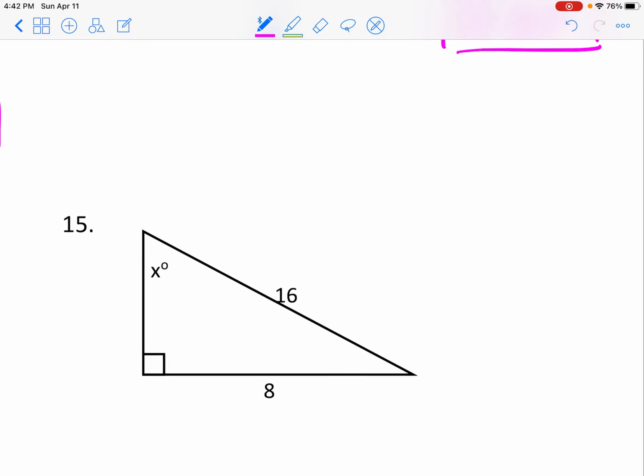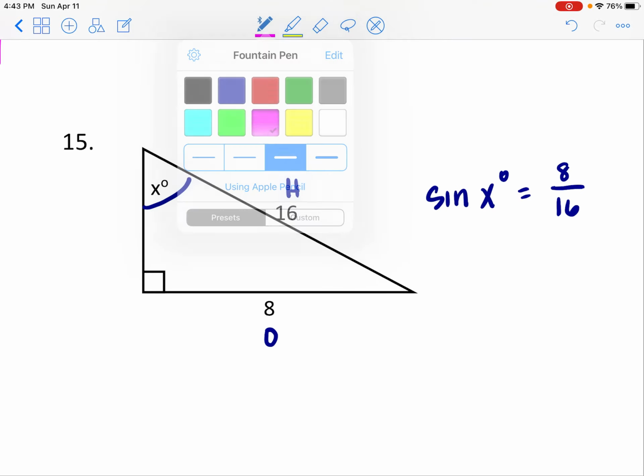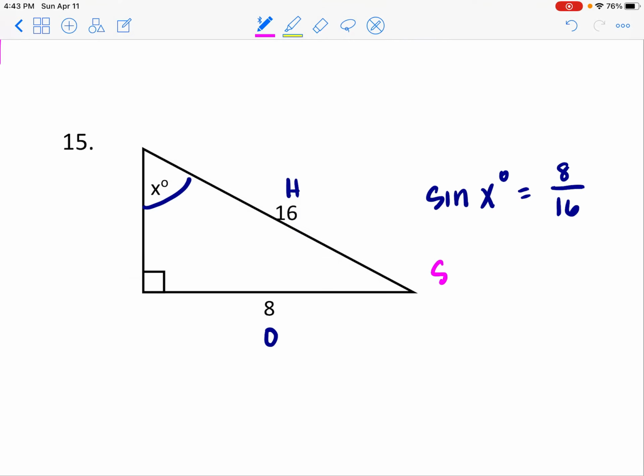Okay, and then lastly here, we have this angle, and this is the opposite leg to that angle, and this is the hypotenuse, and O and H go with sine. So we're going to say the sine of some angle equals O over H, and hopefully we get an answer that makes sense on this one. So to get rid of sine, we're going to say inverse sine.